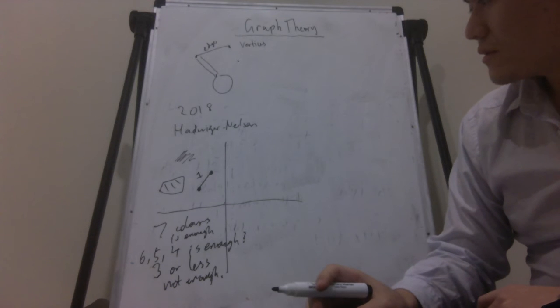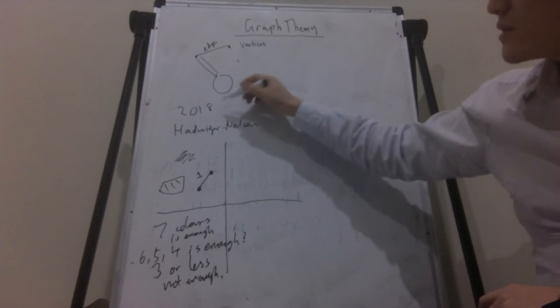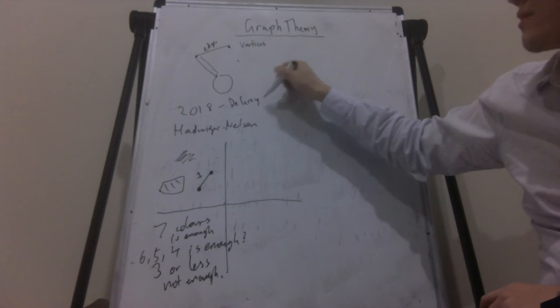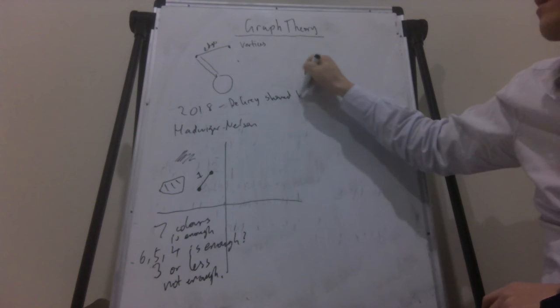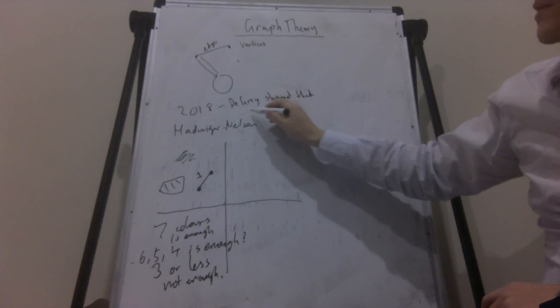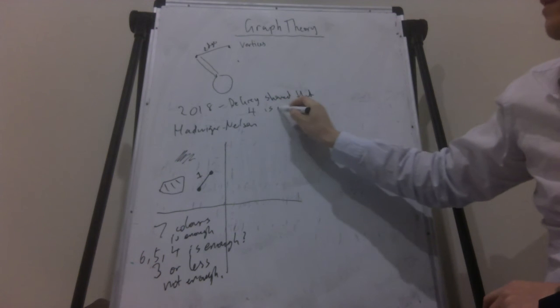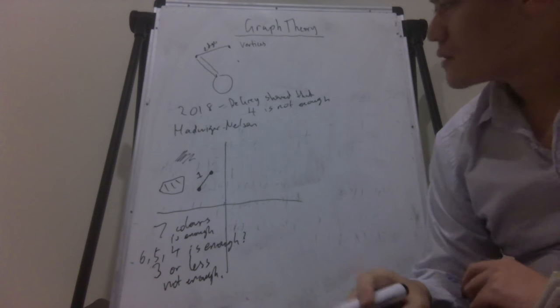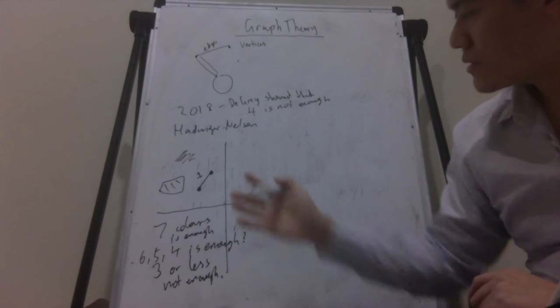And the thing is, recently, in 2018, someone showed that 4 is not enough. Okay, and the way they showed it was they produced a planar graph.